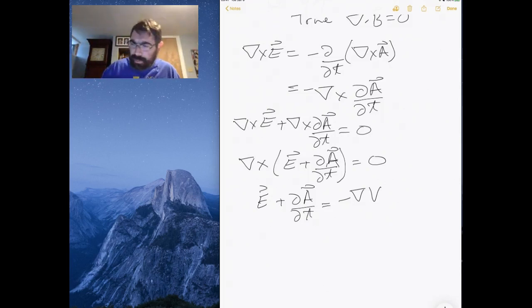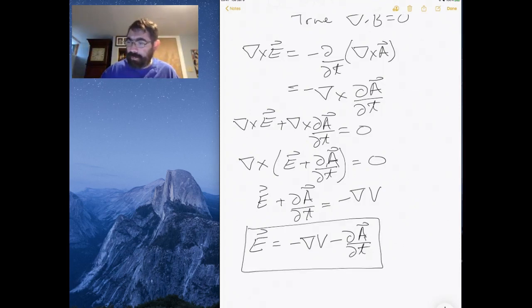In doing that, I can now rewrite the electric field as minus the gradient of V minus the time derivative of A with respect to time. And now I have a very general solution for the electric field. When we're talking about statics, no time, all the time derivatives were zero.